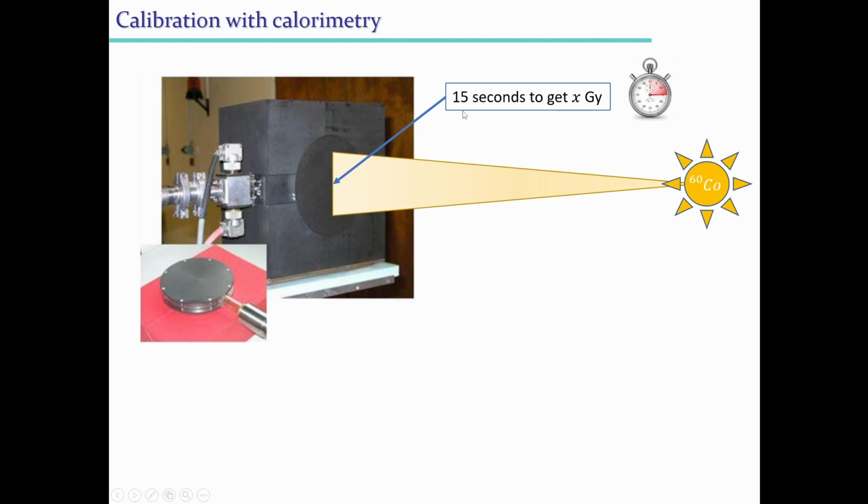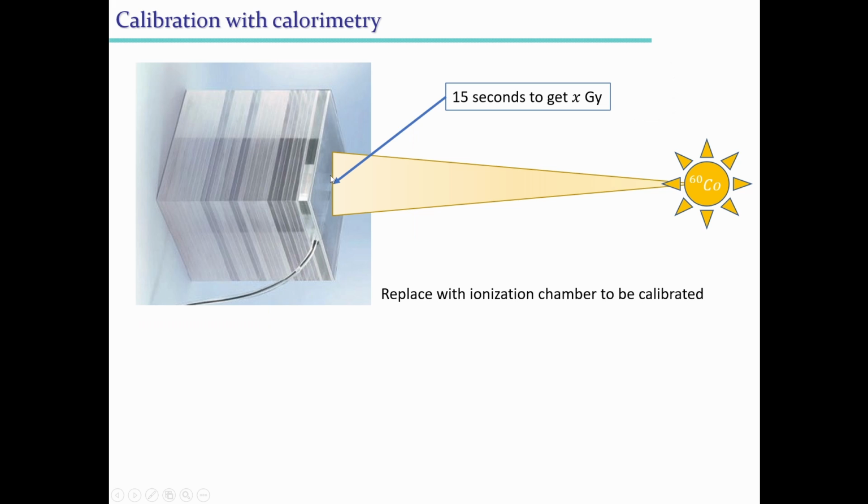Let's say that it took 15 seconds to get a given amount of grays into this calorimeter. Now what you do, you replace this calorimeter with your water phantom, and in addition you put inside your reference probe, your reference ionization chamber. And you will irradiate this ionization chamber during the same amount of time.